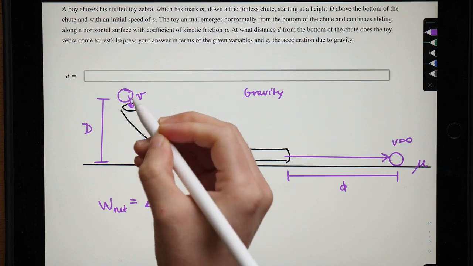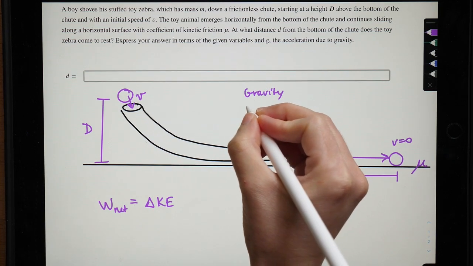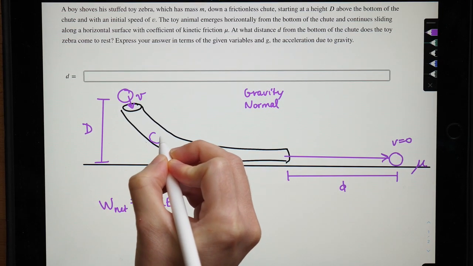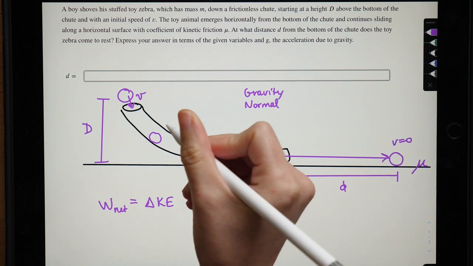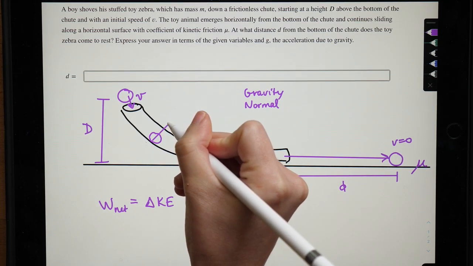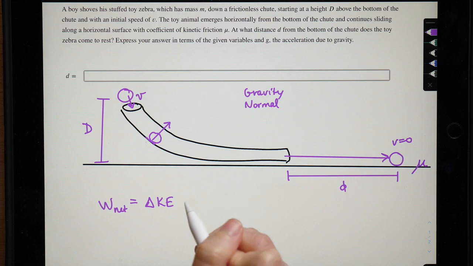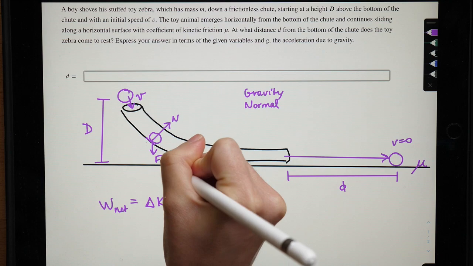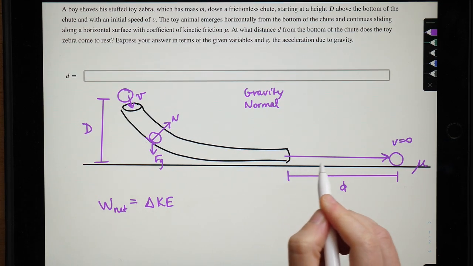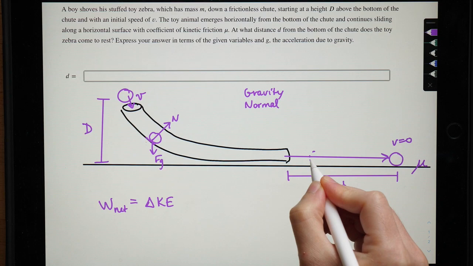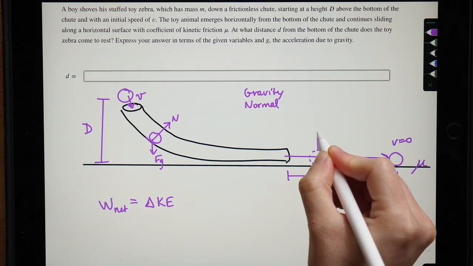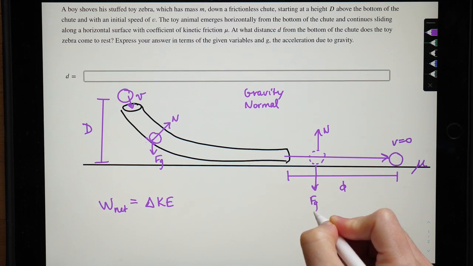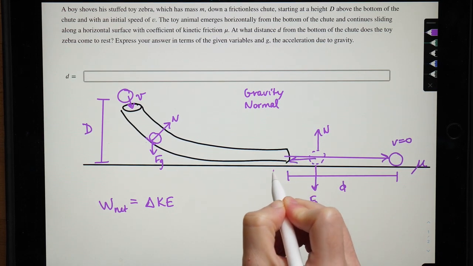is at work here. The zebra's going down the chute, so there's a normal force. As the zebra slides along the inside of the chute, there's a normal force that points in a direction perpendicular to the direction of motion. And we still have gravity. And when the zebra comes out over here, again, at each point there's a normal force, there's a gravitational force, and there's a friction force that points back this way.